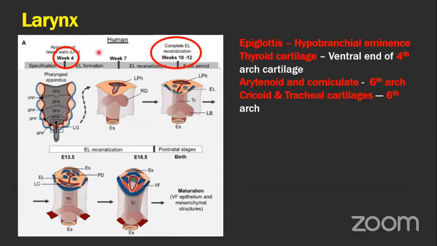Okay, so week 4 and week 10 to 12, and this laryngotracheal groove, cranial end and the caudal end. And thyroid cartilage is from fourth arch cartilage, and arytenoid, corniculate, cricoid and tracheal cartilages are from the sixth arch.